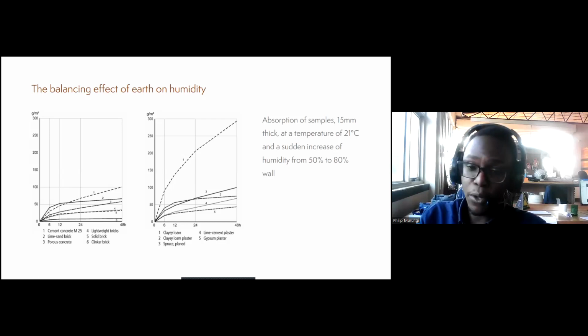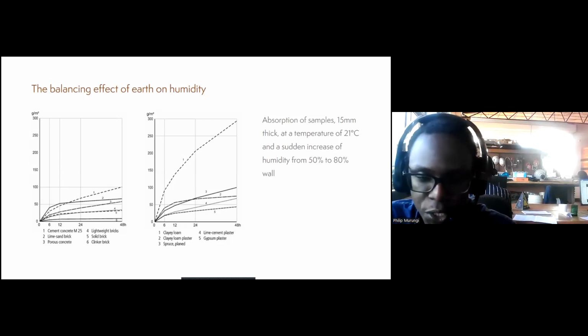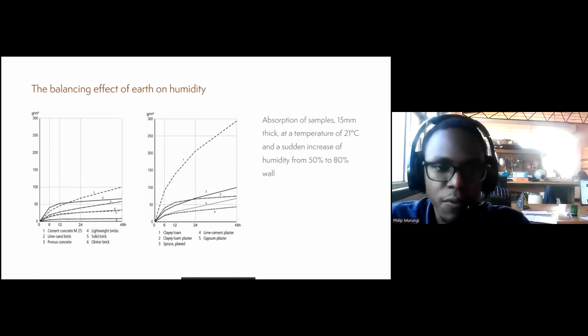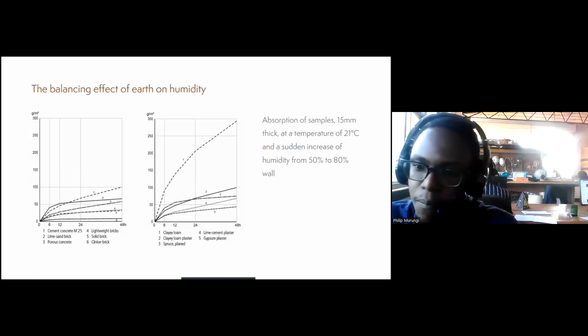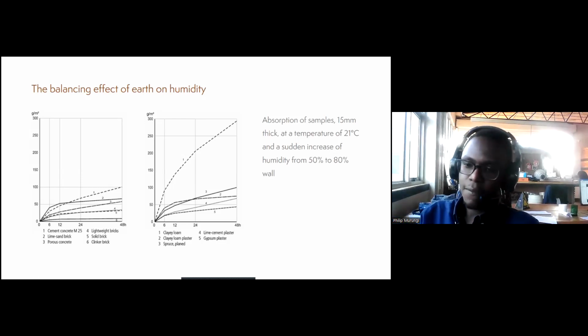Again, if you know Boyle's law, if you keep the temperature constant and just vary the pressure, the volume of the gas will change, right? So what they found, and what the second graph shows, is that the 15 millimeter thick layer of a mud brick wall is able to absorb about 300 grams of water per square meter of wall surface in the first 48 hours.